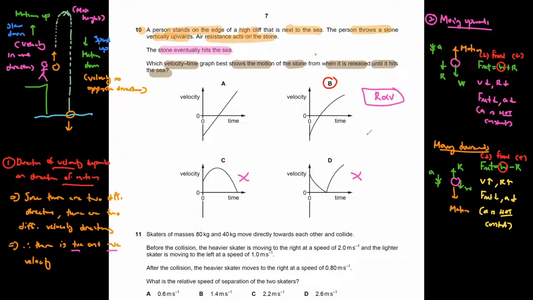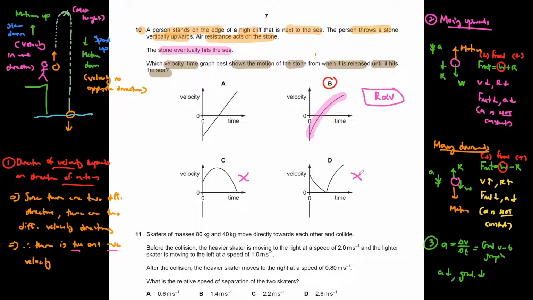Okay. And then from here, one thing that you can do is to relate the gradient of the velocity-time graph and acceleration. You know acceleration is the rate of change of velocity, right? It's actually the gradient of your VT graph. So if A is decreasing, the gradient of your VT graph should be decreasing, which is actually what you're seeing here. You see your gradient is decreasing in value.